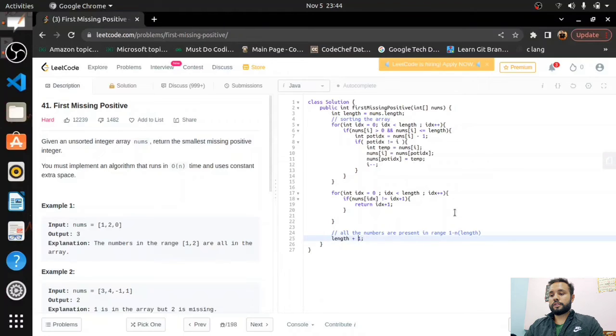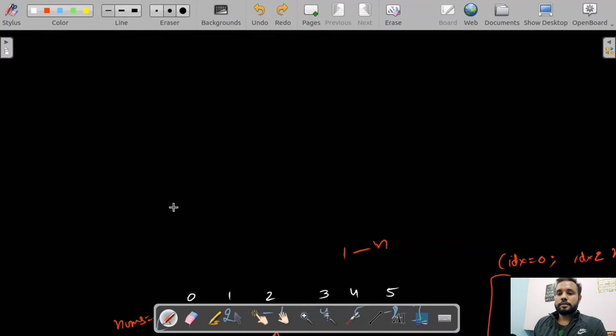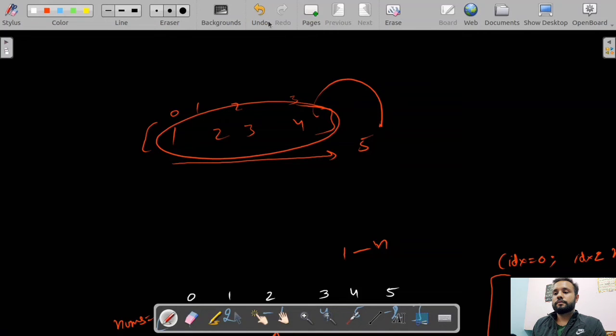So we have to return length plus 1. For example, for an array like 1 2 3 4, index 0 1 2 3, the first missing positive will be 5, that is length plus 1.